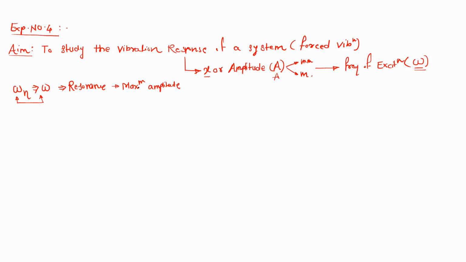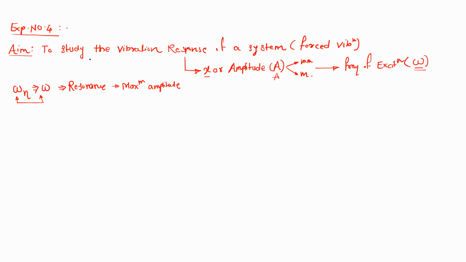So it may cause damage to the system. In order to avoid that damage and for the smooth running of that mechanism or system, we need to avoid this condition.